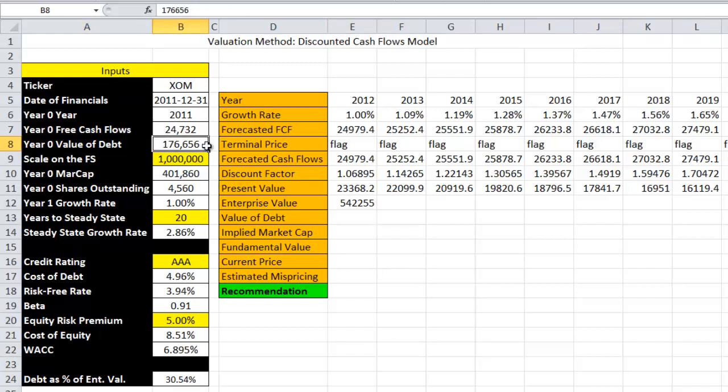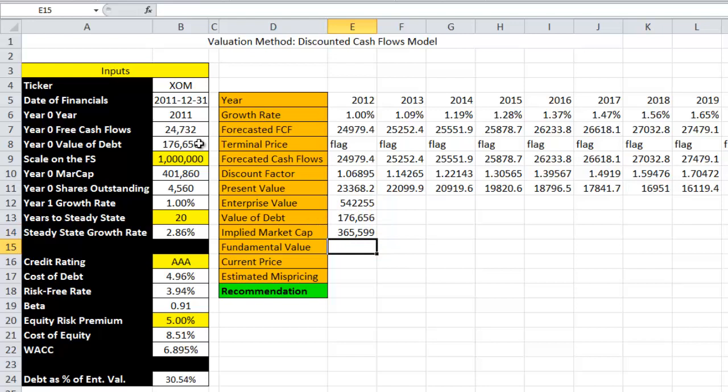Right now, the total value of Exxon's debt is $176.656 billion. So we just go and grab that. So to figure out the implied market cap, in other words, the total value of ExxonMobil's equity according to our discounted cash flows model, we just take enterprise value and we subtract out debt.